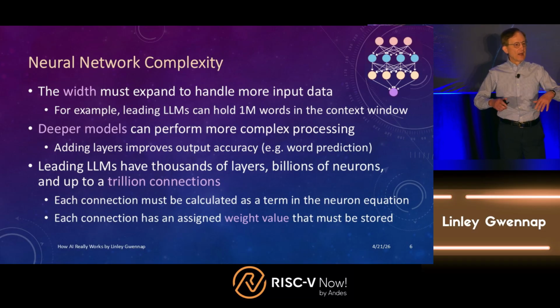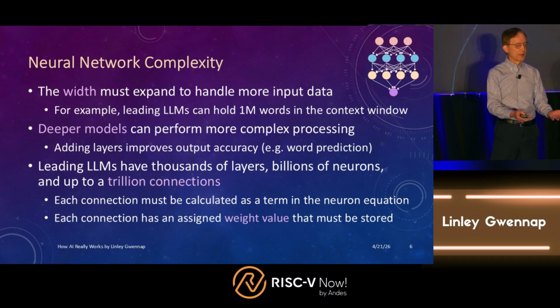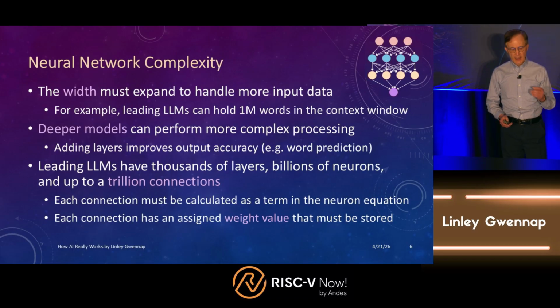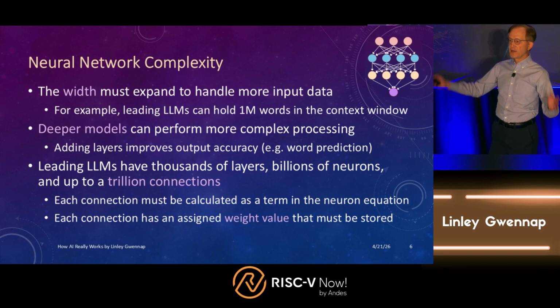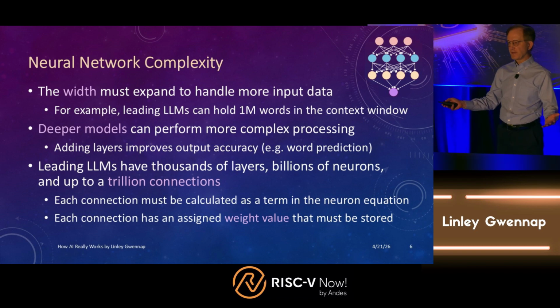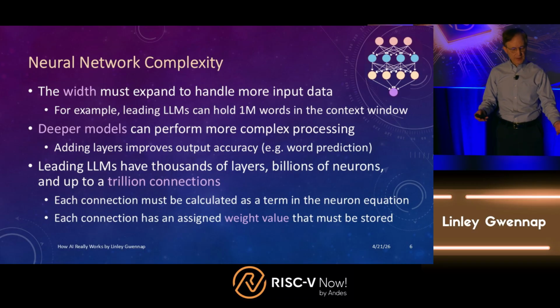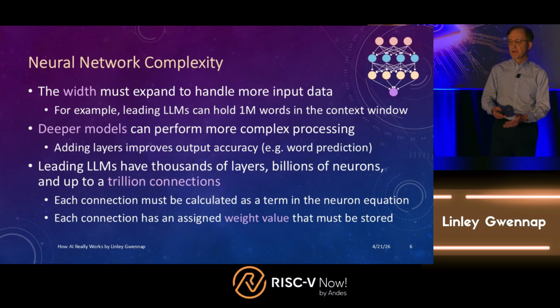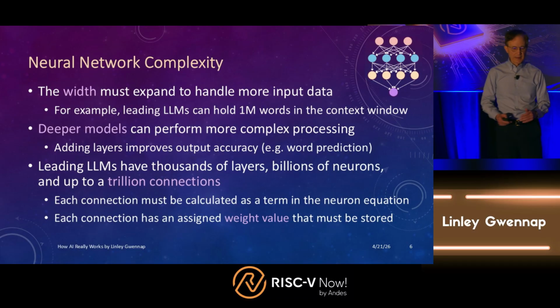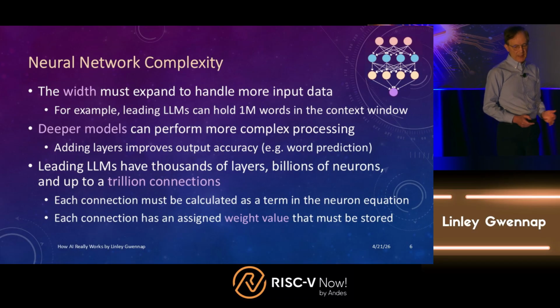So now the number of computations you need to compute in order to produce one output becomes in the trillions. And the other issue with these larger networks is that you have to store these weights somewhere. If you have 1 trillion connections, you have 1 trillion weights. So that could be 1 terabyte of memory just to store the weight values. And so that becomes a limiting factor as well.